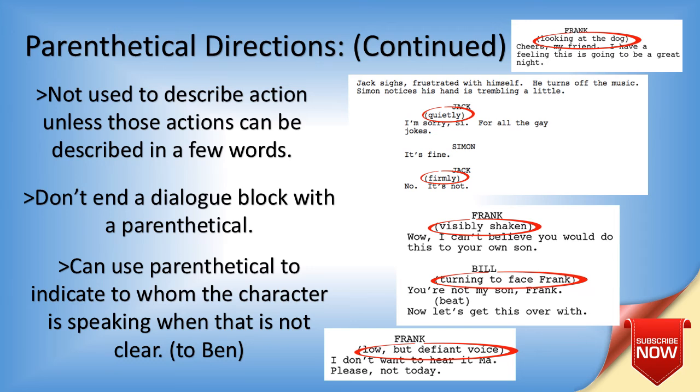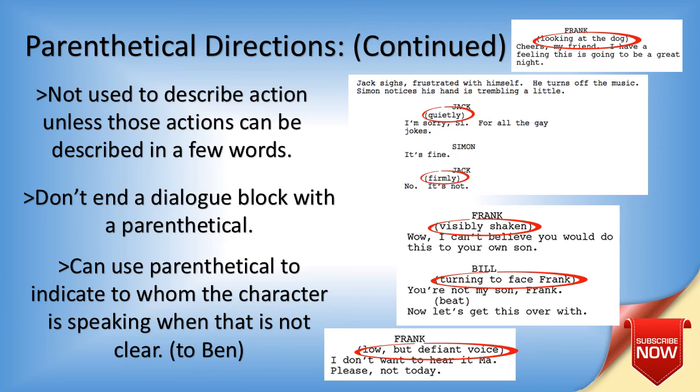So you want to let the audience know in this moment that Jack is a good guy. He wants to make sure Simon understands that Jack is sorry. So you say in parentheticals firmly. He's like, no, it's not. So that's the way he would say it.